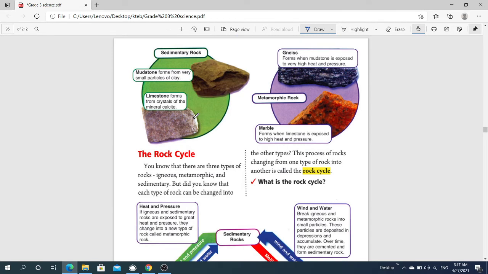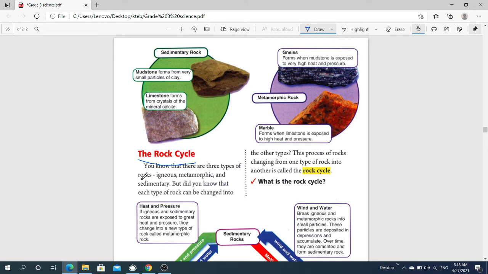And then we have another topic called the rock cycle. What is the rock cycle? Okay, look here, dear students. Rock cycle. You know that there are three types of rock: igneous, as I told you, metamorphic, and sedimentary. But did you know that each type of rock can be changed into the other types?